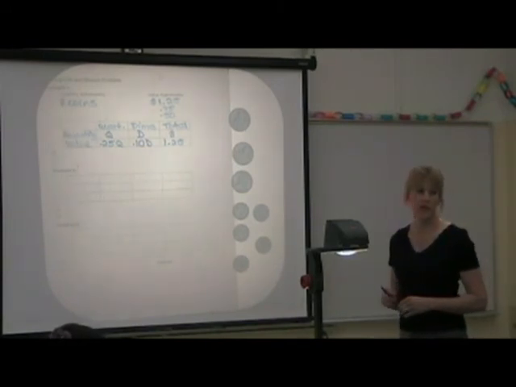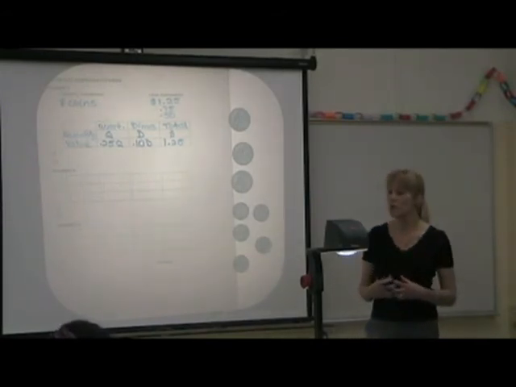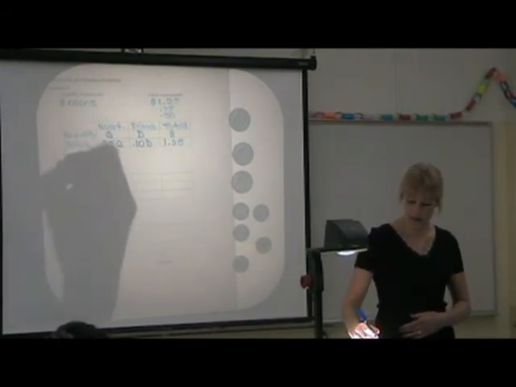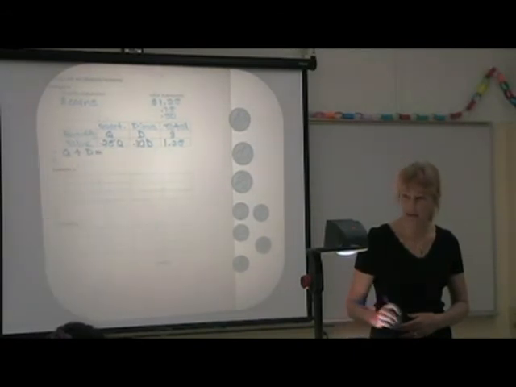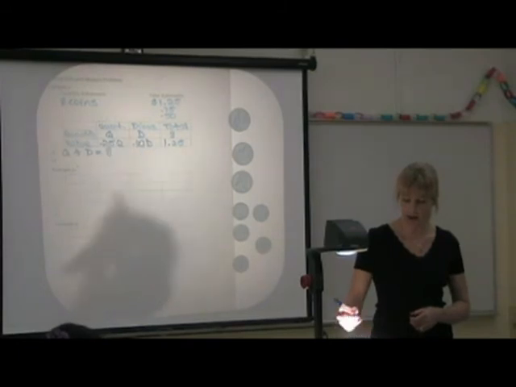Okay? Once you've filled in your chart, all you need to do is convert it into your system of equations. So we know that the number of quarters plus the number of dimes equals how much? 8, because we have 8 coins in all.